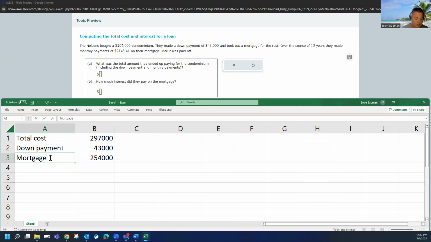So this is our mortgage, or if we were thinking about it, our P when we're dealing with the mortgage portion. Okay, and we have T is given, time is 15 years, and it's monthly, so N equals 12. Oh, this should be T.